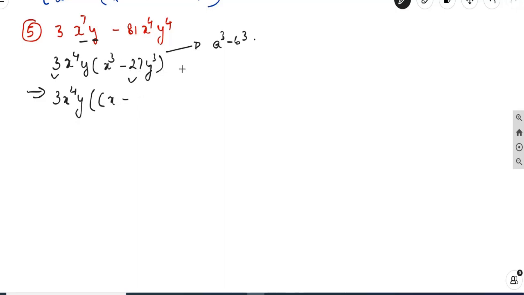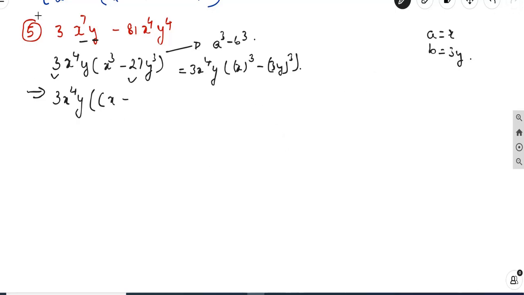Open the bracket, x to the power of 3 minus 3y whole cube. Now a is your x, and b is your 3y. Now we'll use the identity.